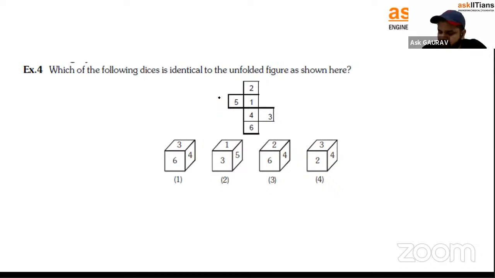Just follow the rules which I have already told you, that which side, which face will be opposite to what. Just follow that rule and identify. 3 is fake. Why is it fake?